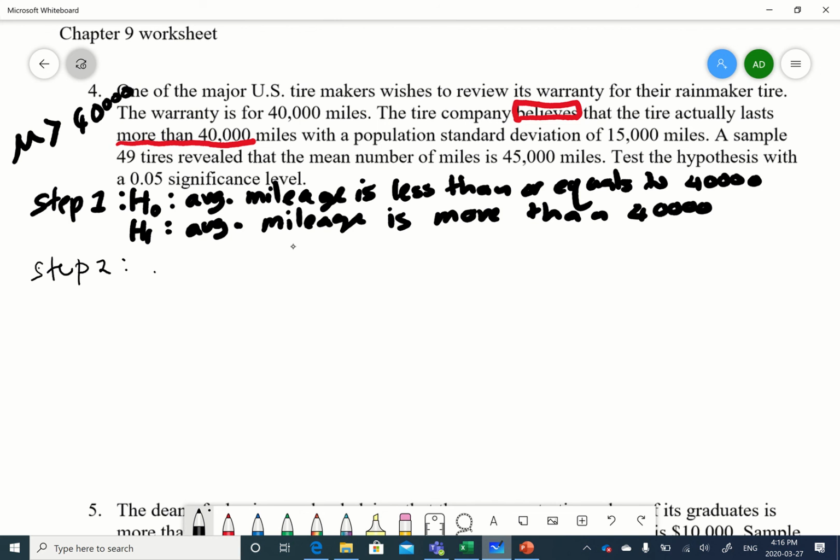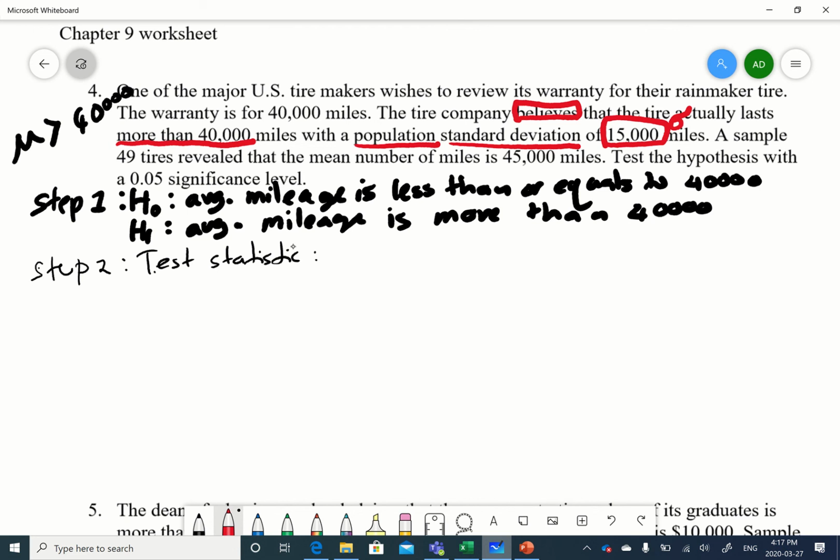First we'll figure out whether it's a t or a z value. In order to do that, you need to look into the standard deviation. It says the population standard deviation is 15,000. So this is sigma, which means z.